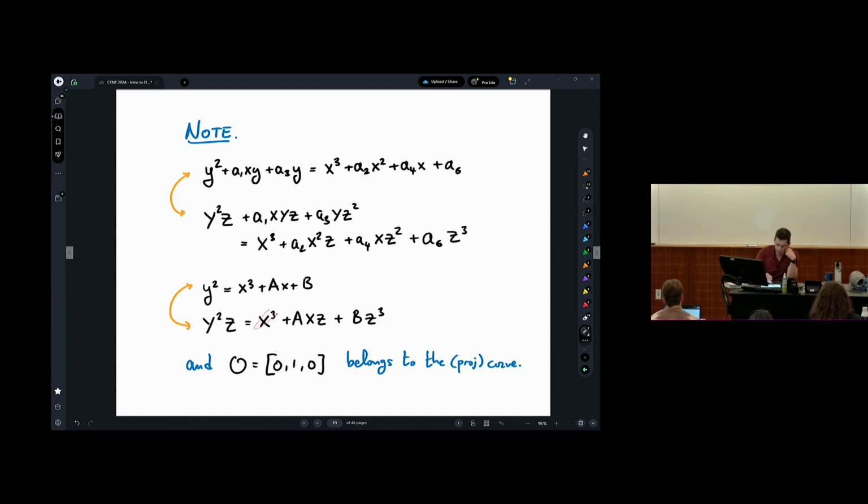And if x is 0, this vanishes also, so it belongs. It satisfies the equation. And the same thing happens here with 0 equals 0. All of this goes away. And in fact, all of this goes away. And if x is 0, then that point belongs. So this point is always in these models. So these models have a rational point, which is O, the point at infinity.